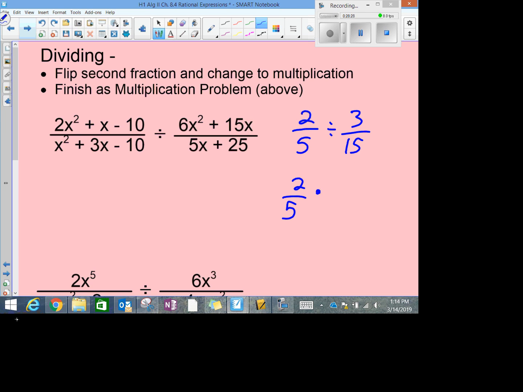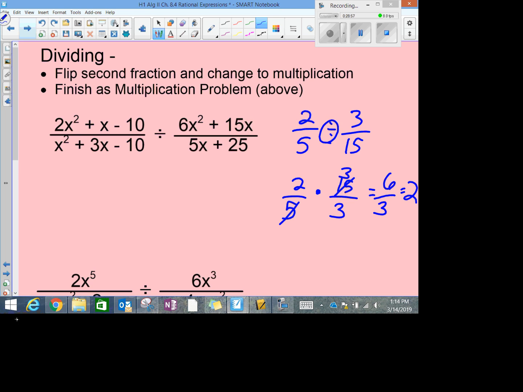So I change this to multiplication, right? And then I flip this. Now what can I do? You don't cross multiply, you cross cancel. So then what can I do here? 5 and 3, and then I would multiply across, right? So I would end up with 6 over 3 over 2. Do I agree with that?